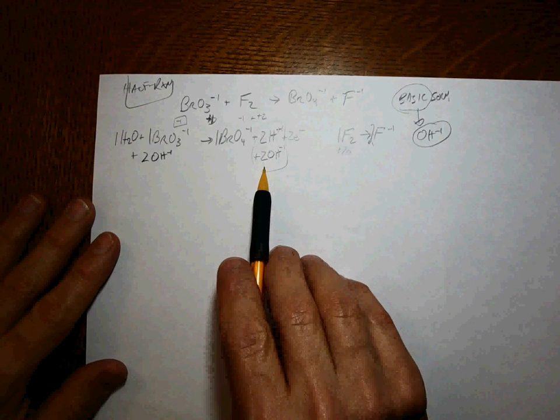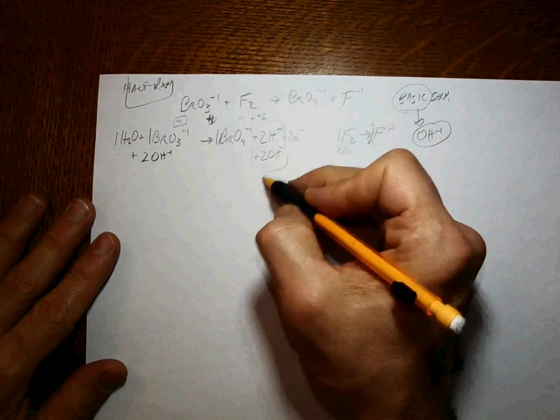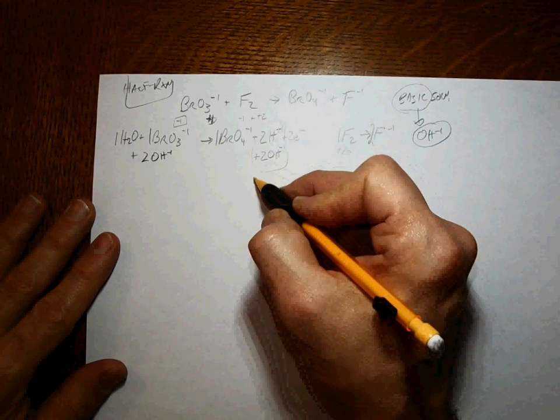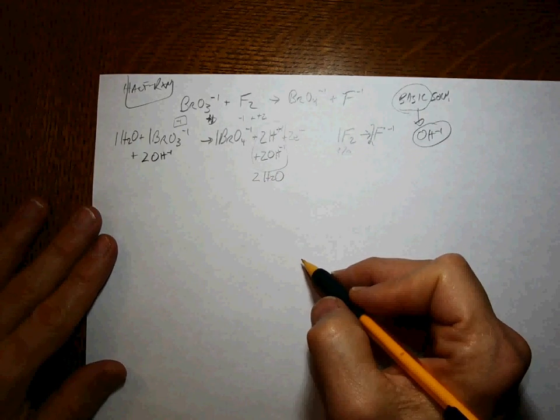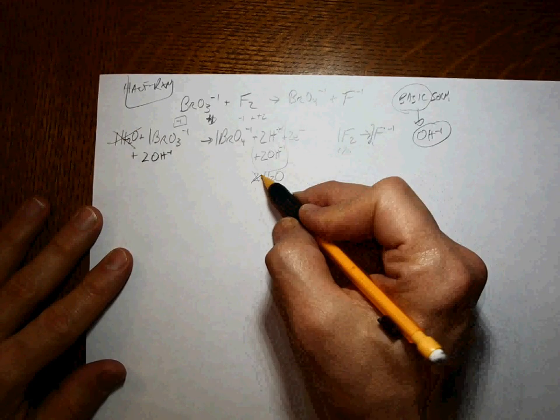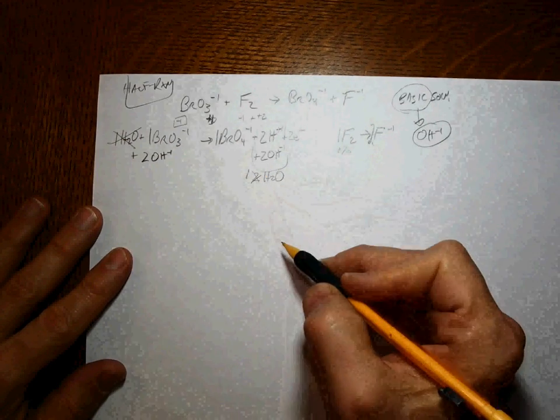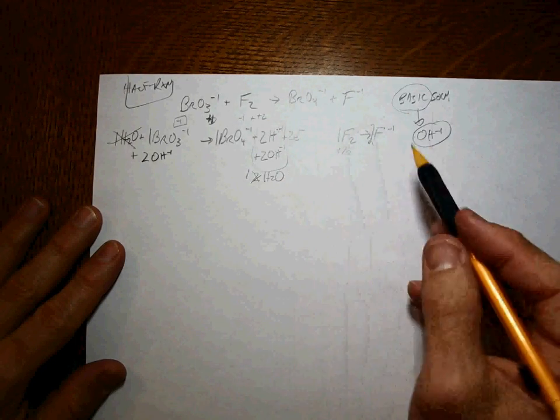So over here on this half reaction, this adds up. 2 H pluses plus 2 OHs makes 2 H2Os, which cancels out this H2O. Ends up being just 1. Okay, so now that's balanced for basic solution.